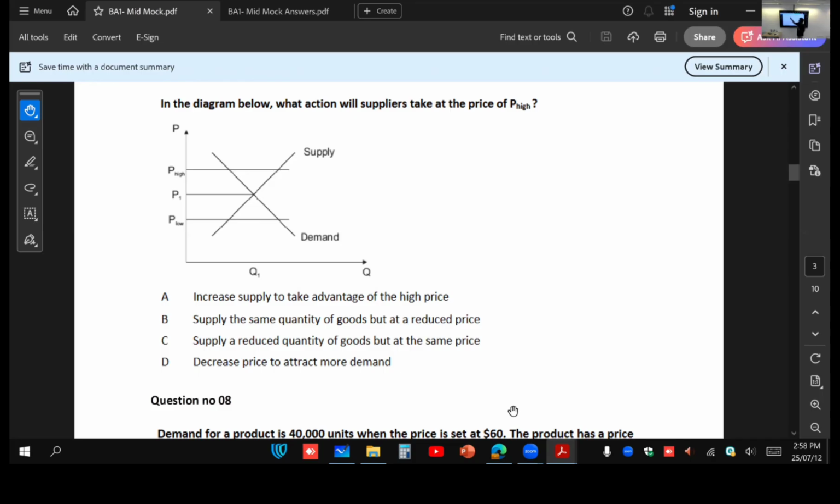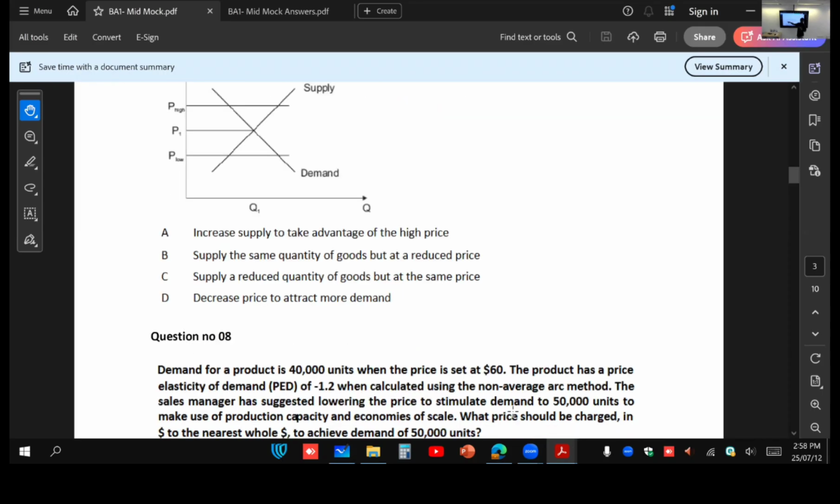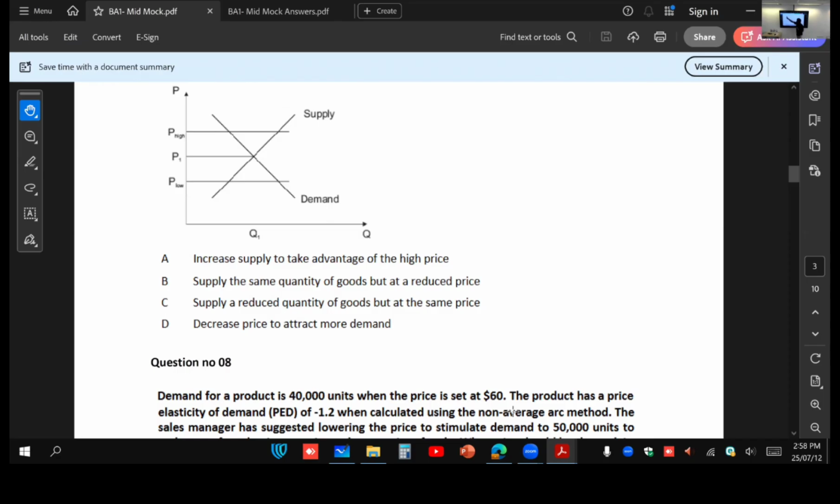Right? So what can you do to arrive at the equilibrium? Decrease price. So answer is D. Okay. So when you decrease the price gradually, this will come to the equilibrium.